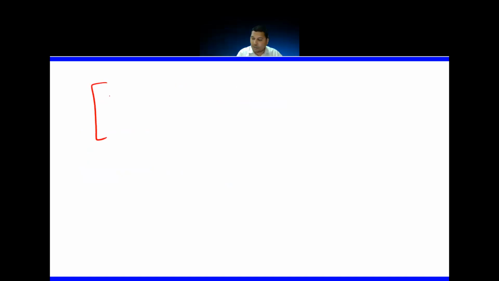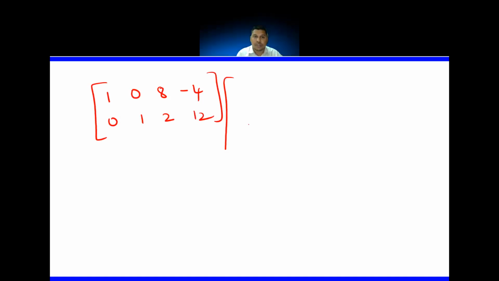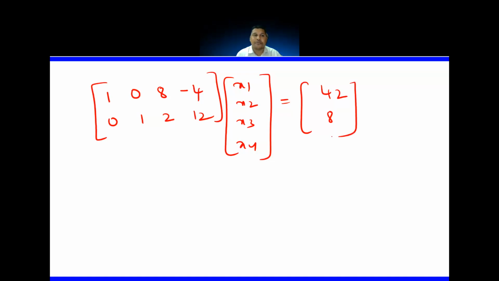Suppose given a set of equations, I have 1 0 8 minus 4, 0 1 2 12, and I have x1 x2 x3 x4 equal to 42, 8. Particular and general solution.